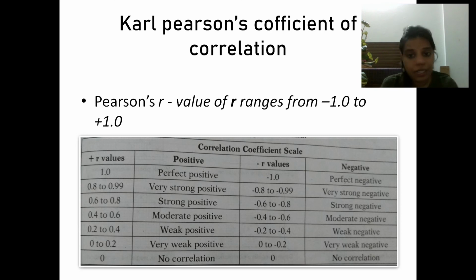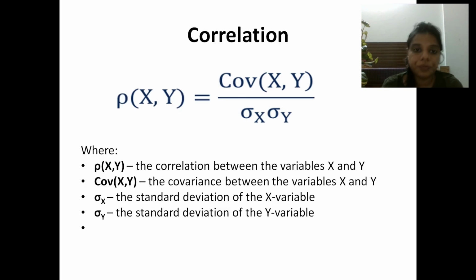Same goes with negative: if your value is like -0.4 to -0.6, you have a moderate negative relationship, right? So these values show us the strength of the relationship: perfect, strong, very strong, weak, very weak, or no correlation, right?